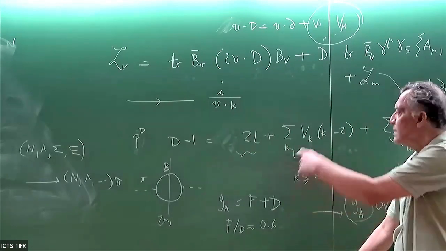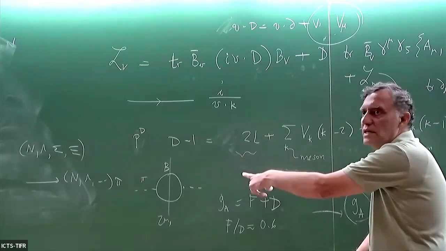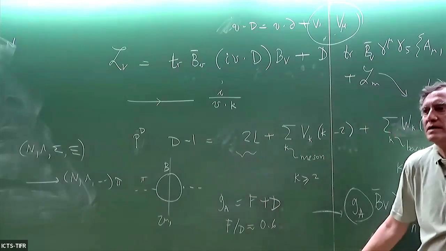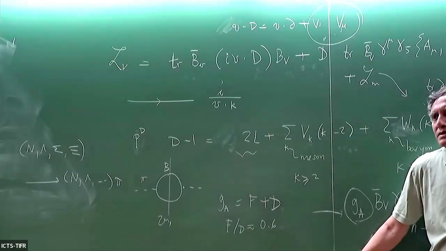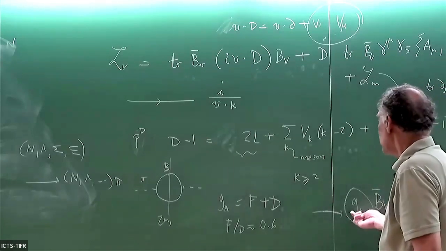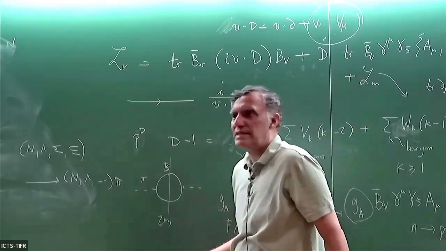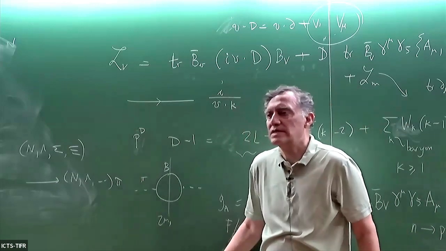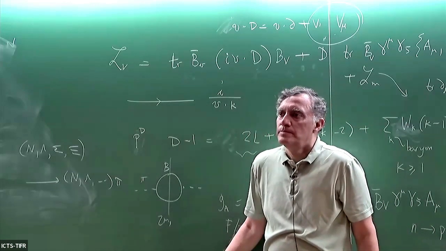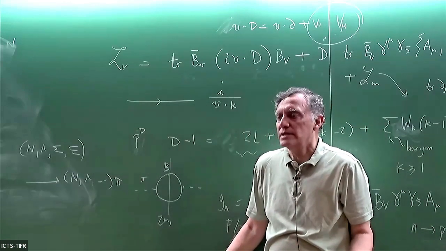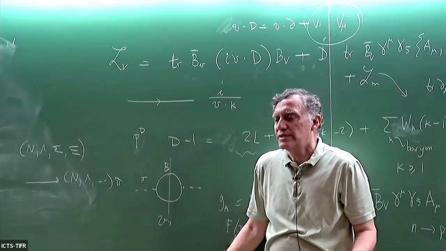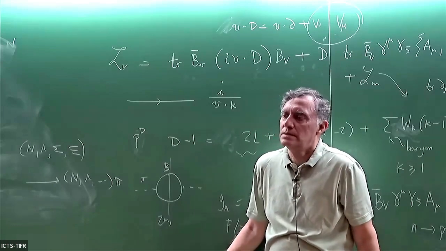So you fit all the weak decays and get it. The weak decays are usually the best way to do it. You can just look at the particle data book, weak decays, and extract F and D. So it's not calculable, it's a free parameter in the EFT.